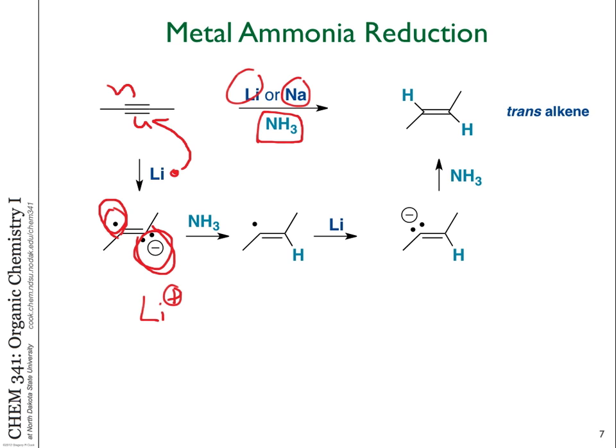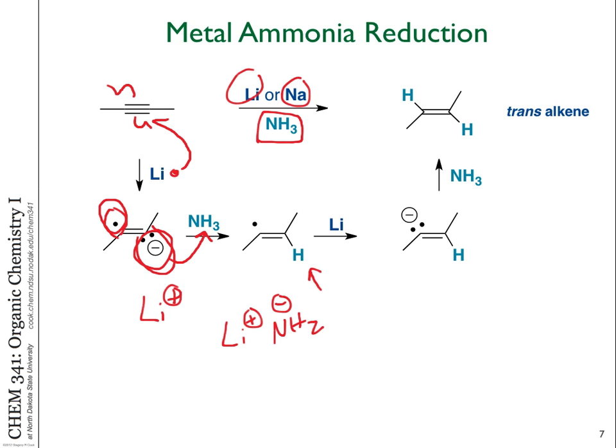A vinylic carbon has a pKa which is higher. So it actually takes one of the protons from ammonia. Now we make lithium amide, which doesn't do anything with this alkyne because it's still a reactive species. But that's how one of the hydrogens gets on.